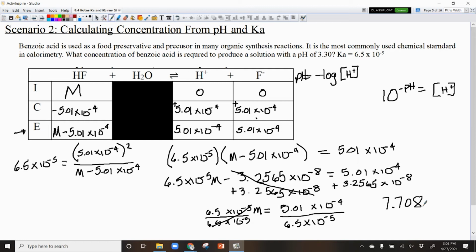Okay, 7.708 as our molarity right here. Okay. All right, so that's calculating, working backwards essentially is what that is.